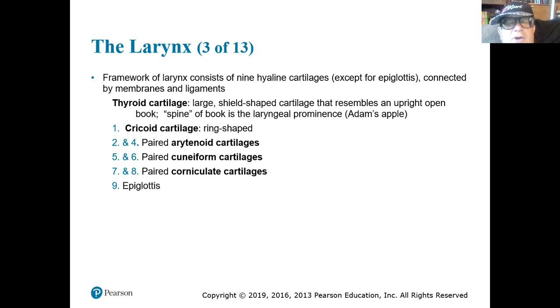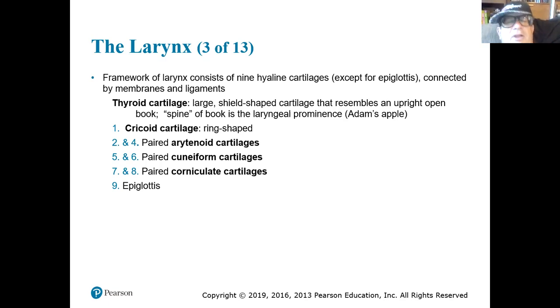But the arytenoid, those are the ones that when muscles pull on them to move them, it pulls on the vocal cords and controls the tension on the cords. So that's way important for speech, the arytenoids. The corniculate are little teeny tiny, think size of a kernel of corn or smaller, tips of the arytenoid.